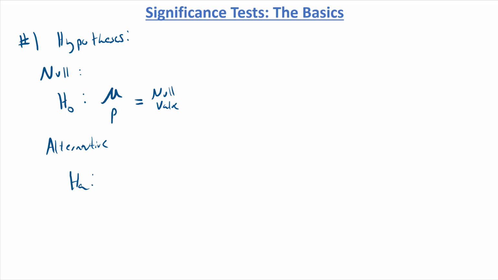With your alternative, you're still going to be dealing with your mean or your proportions, depending upon the problem. You either have your mu or your proportions, right? But with your alternative, you can either have a one-sided alternative or you can have a two-sided. So one-sided means it's going to be less than the null value or it's going to be greater than the null value. In which case, let's go ahead and write null value over here.